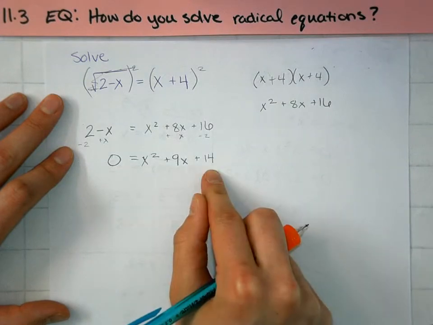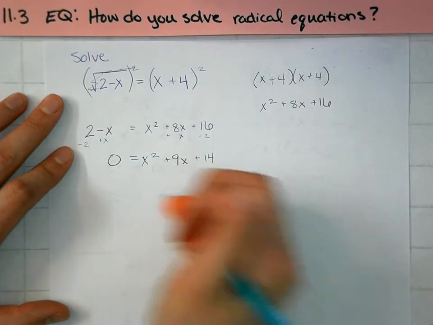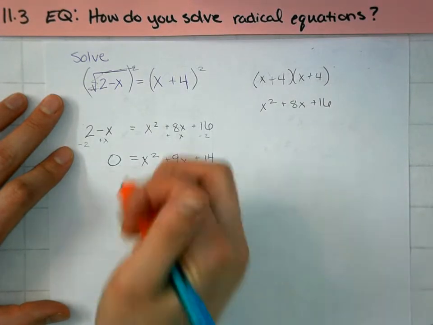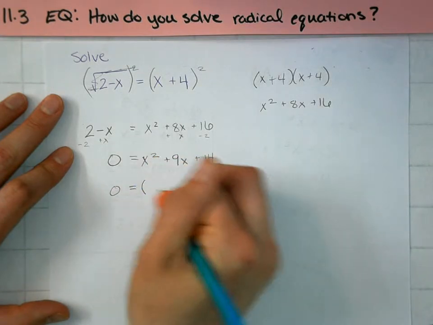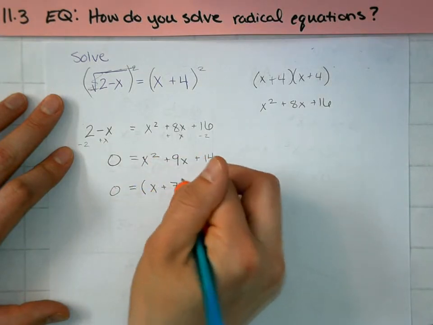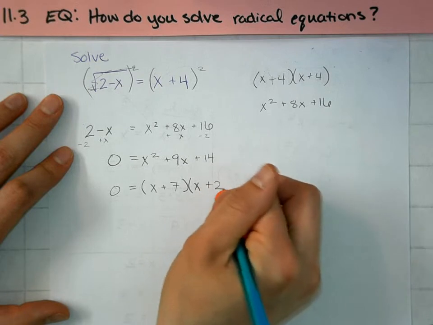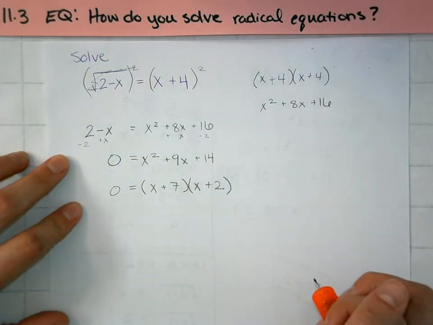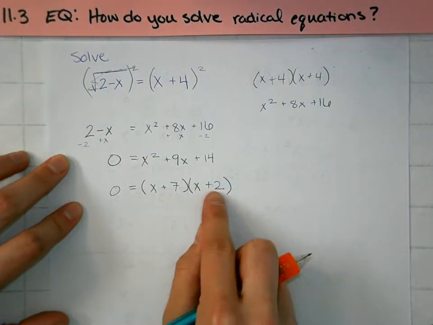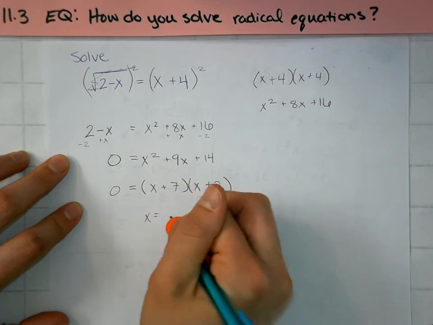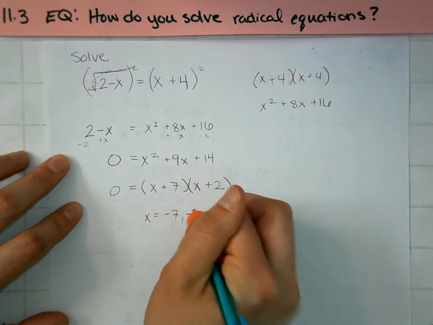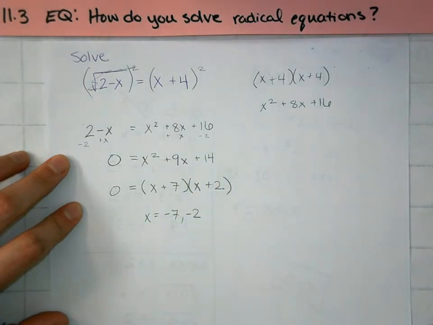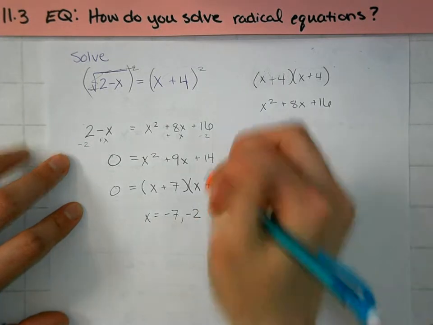And again, you would factor this, or you can use the quadratic formula. Set each factor equal to 0 and solve. So it appears that we have 2 solutions, but we must check them.